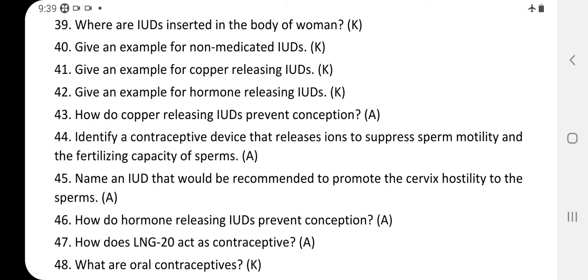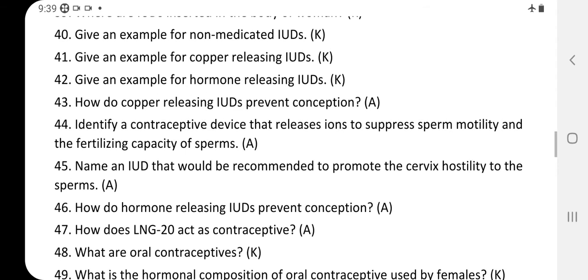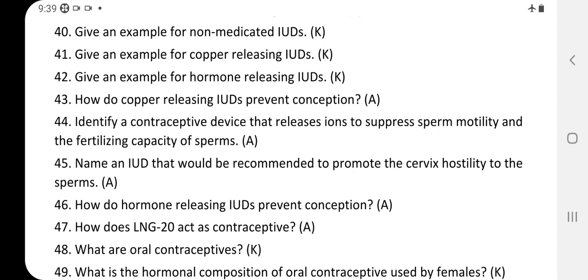Next, 43rd question. How do copper releasing IUDs prevent conception? The copper releasing IUDs are going to release the copper ions.